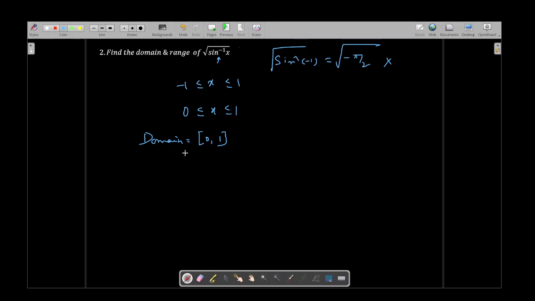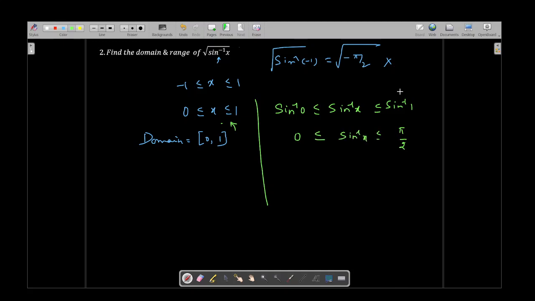What is the range? To find the range, I'll apply sine inverse to this equation. I'll get sine inverse of 0 less than or equal to sine inverse of x less than or equal to sine inverse of 1. Sine inverse of 0 is 0, and sine inverse of 1 is pi by 2. But I need the range of the square root of sine inverse of x.